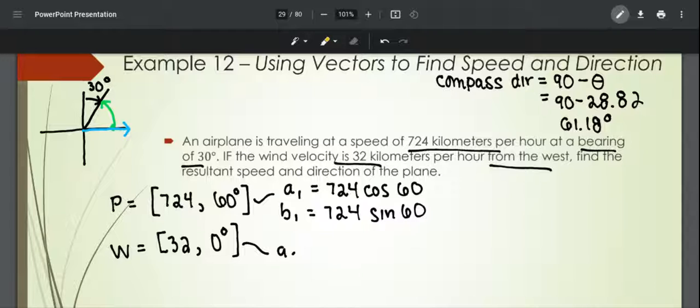And then for the wind, we're going to do the same thing, but label them A2 and B2. So our A2 for wind is 32 cosine 0, and our B2 would be 32 sine 0.